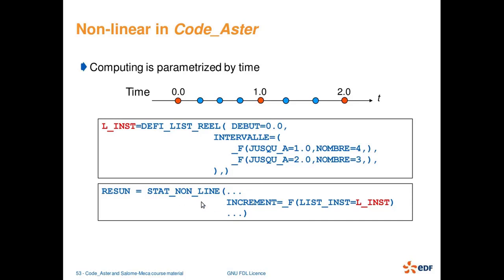So when I tell the STAT_NON_LINE operator that the increment is this, then automatically it will follow these time steps. So this is how time steps are given to the system for the solution. So at every time step we will solve the system, and at every time step I will have a number of iterations, Newtonian iterations or quasi-Newtonian iterations, whatever I decide to apply.